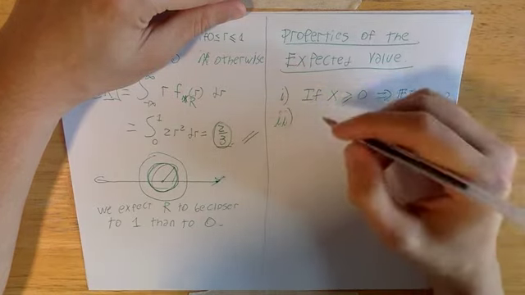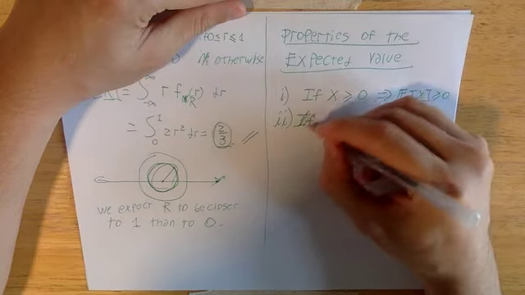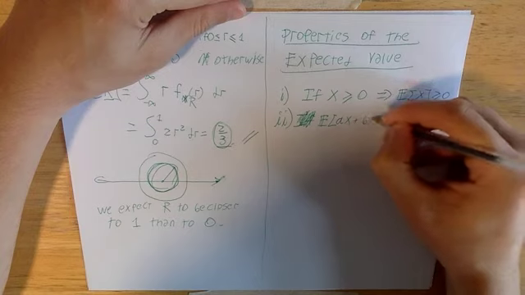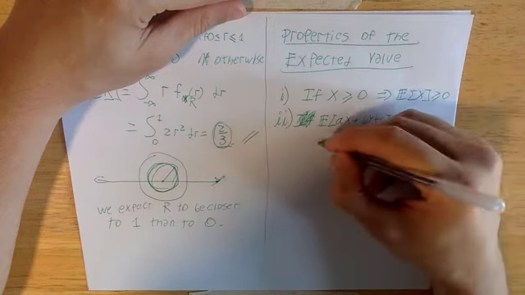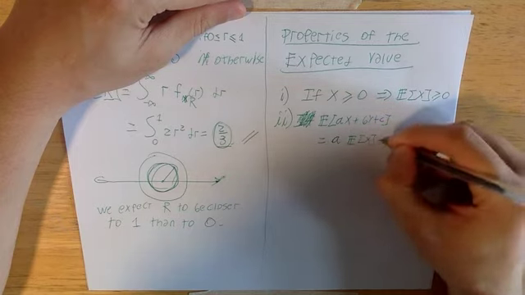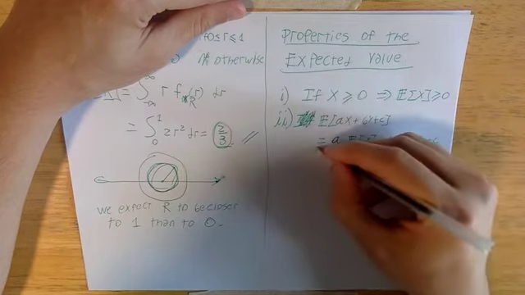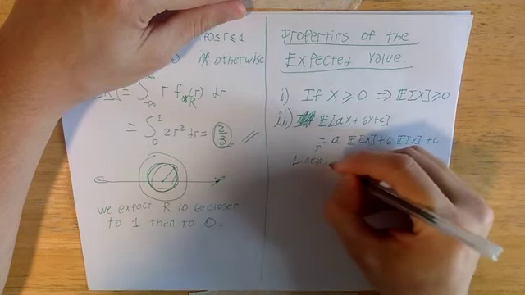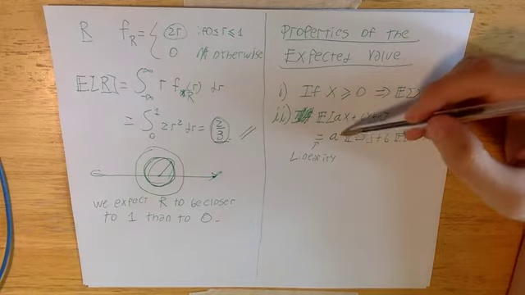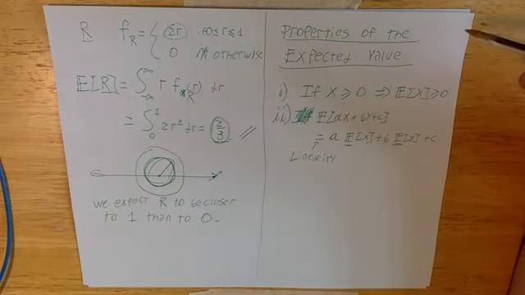The second one is linearity: the expectation of aX plus bY plus c is equal to a times the expectation of X plus b times the expectation of Y plus c. So if you take a linear function of the random variables, you get the same linear function applied to the expectation.